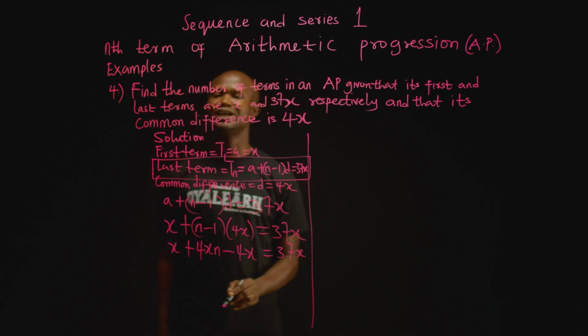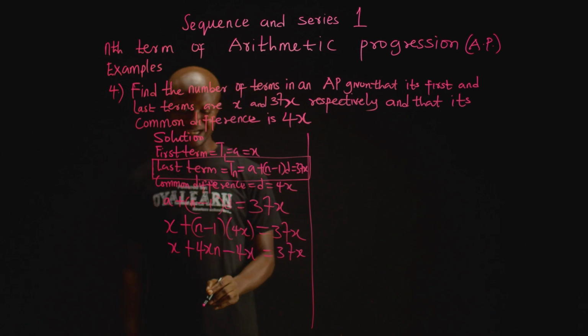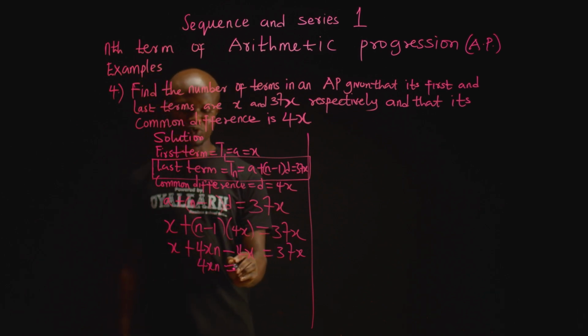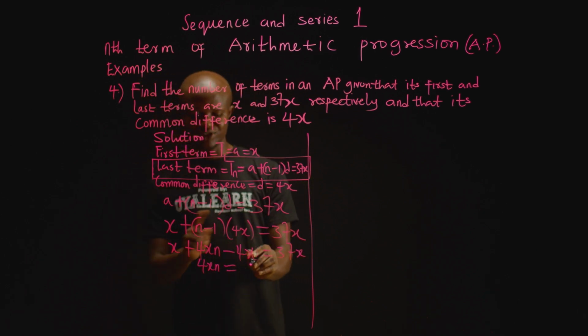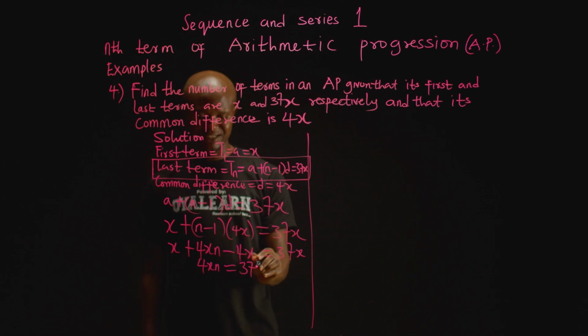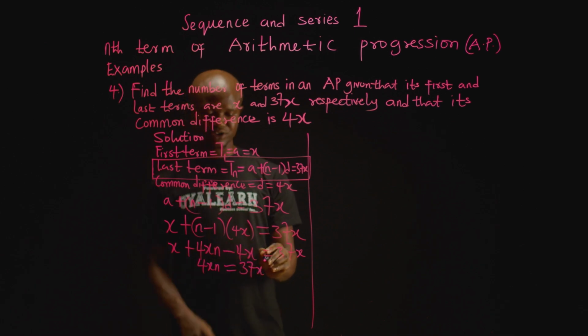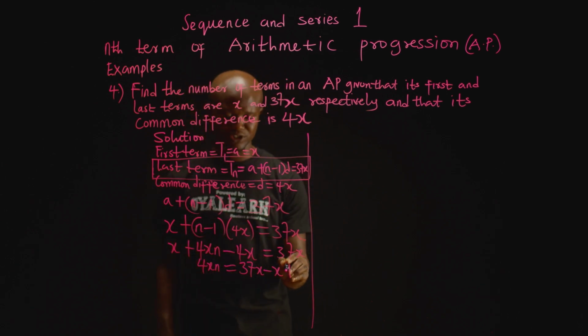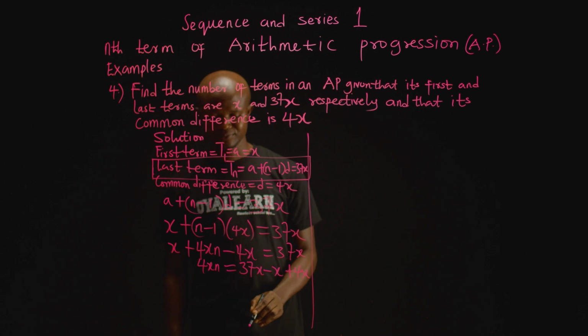The next thing is to collect the like terms. By collecting like terms, what are we going to have? 4xn will remain at the left. Then we move x to the right hand side, we have 37x minus x. Then minus 4x to the right, we have plus 4x.